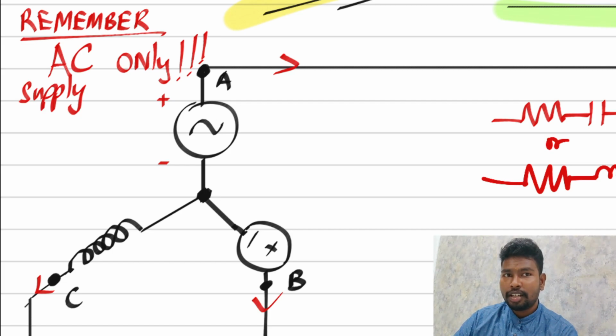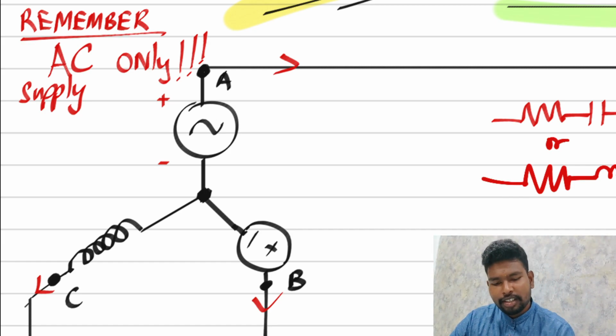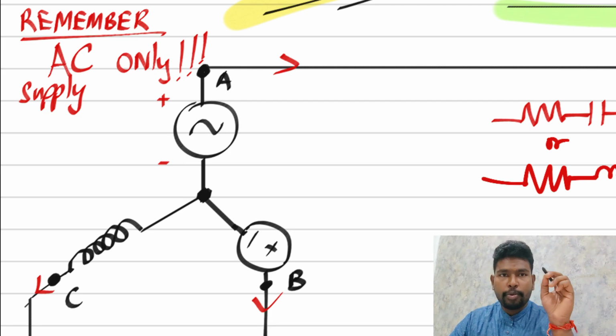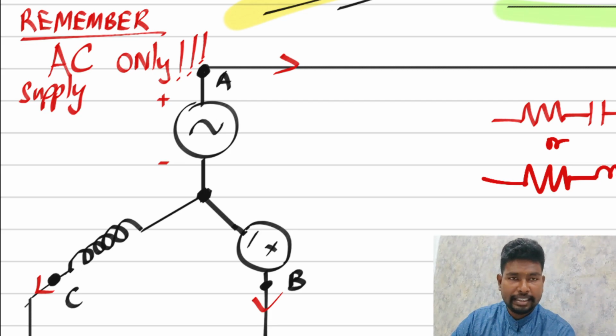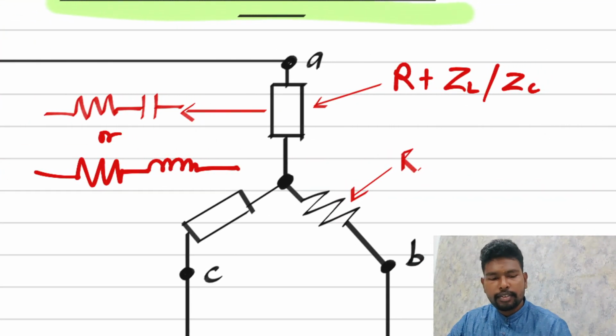This is not an inductor, this is a curled generator coil. On the B, it's just the normal usual way of drawing a supply, where we put the plus and minus symbols indicating the direction of the current flow. On the left-hand side is the generator, on the right-hand side is the load.